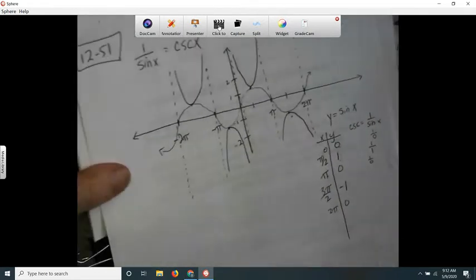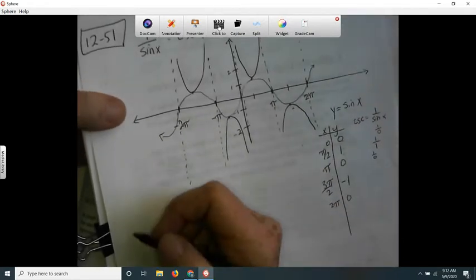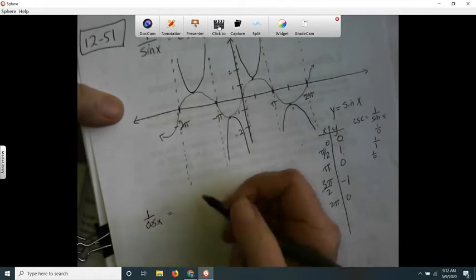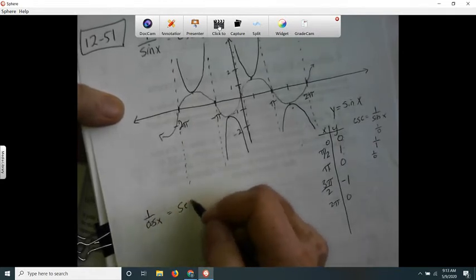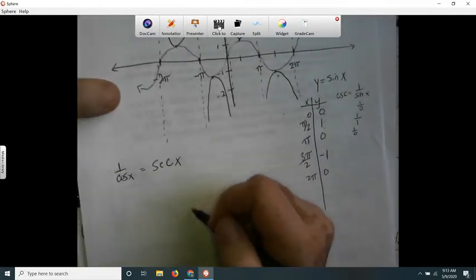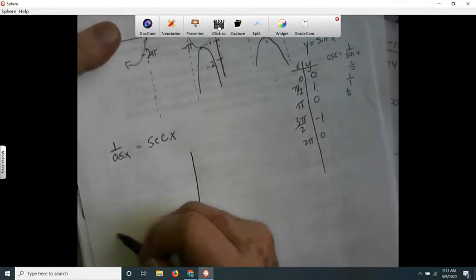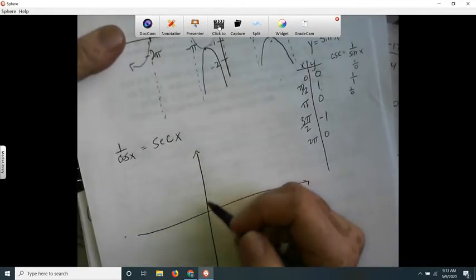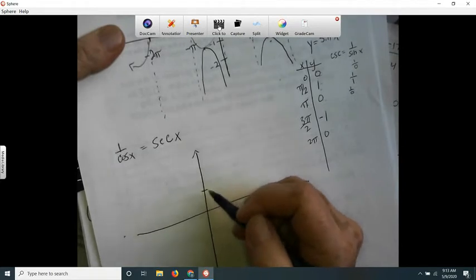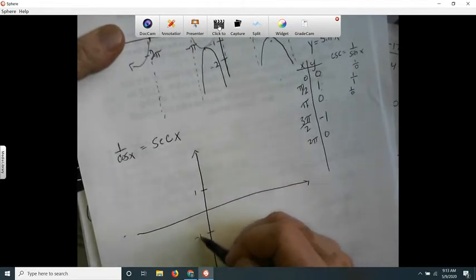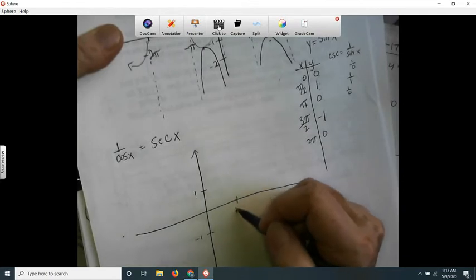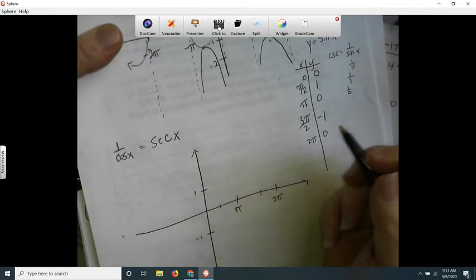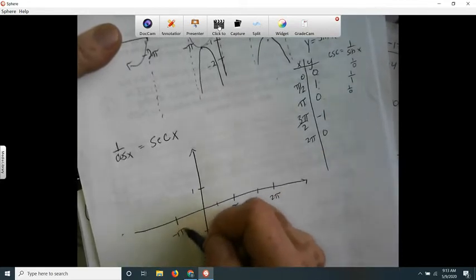I'm going to do the same thing for cosine a little faster. 1 over cosine is called secant. How would I graph it? The fastest way is to just graph cosine. I know cosine goes, if this is 1, here's pi, here's 2 pi, and here's a -pi.